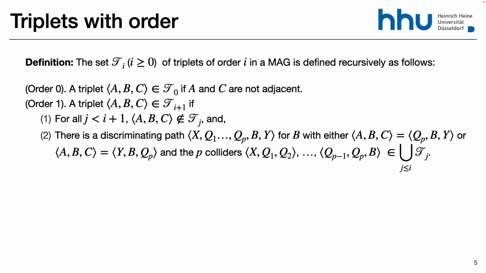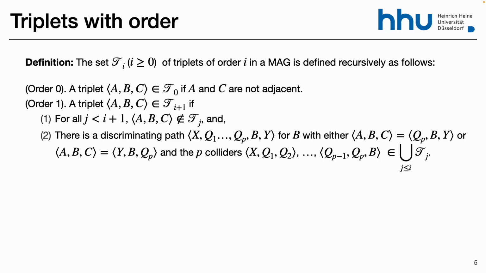If you parse it later, you see that this discriminating path has X, then a lot of variables in the middle, those are the colliders, Q1 to QP. Those are going to form triplets that have to be of lower order, not necessarily 0, just lower order, and it is going to discriminate for B, right?